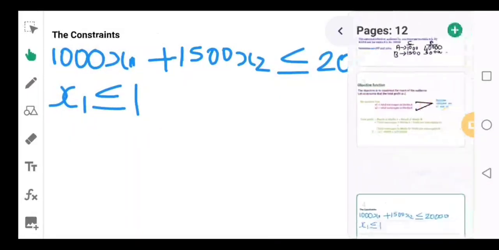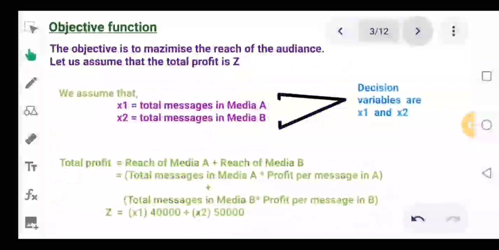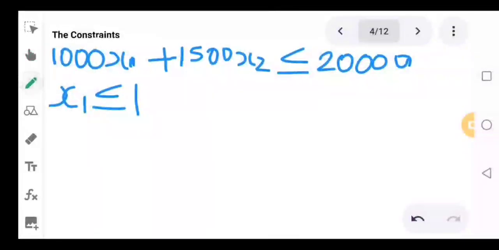And the next thing, with regards to media B, they have said that at least 5 messages should appear in media B. That is, there should be 5 messages or more than 5 messages. Number of messages in media B is represented by x2, and this x2 should be at least 5.